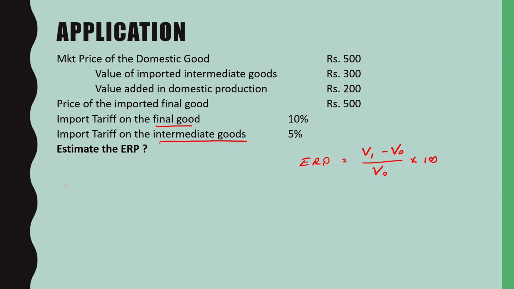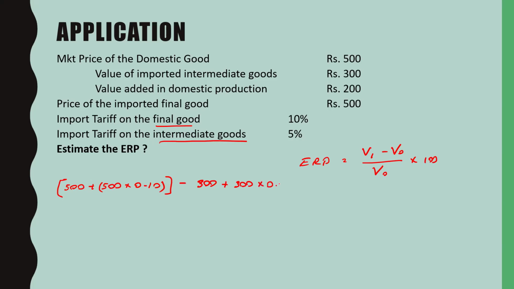Now, we have to take the 500, okay, add 10% on the 500, that's 0.10, okay, because the price will increase because of the tariff on the final good. That's done. Minus, we earlier just said minus 300. Now, there is a tariff on the imported raw material also.